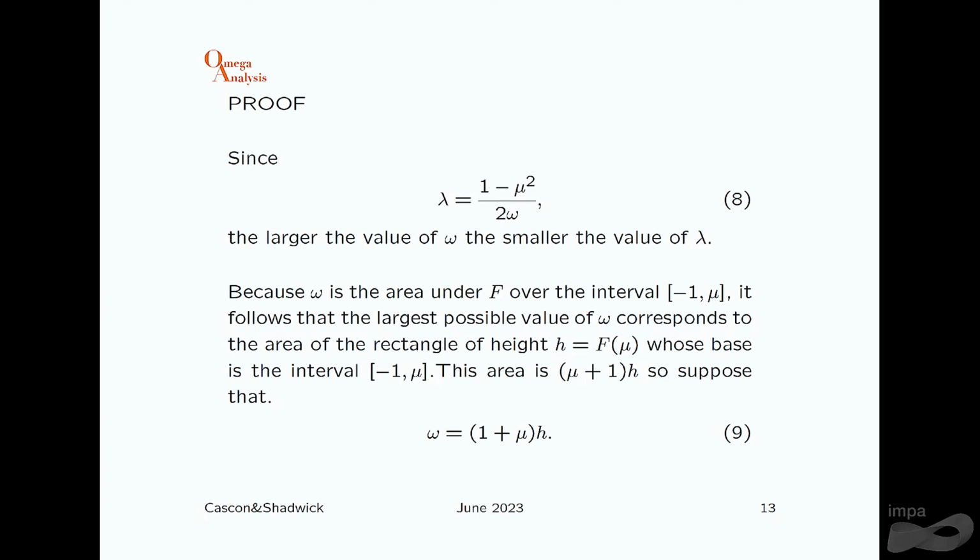But because omega is the mean, the area under f over the interval from -1 to mu has a largest possible value when it's just mu plus 1 times h.